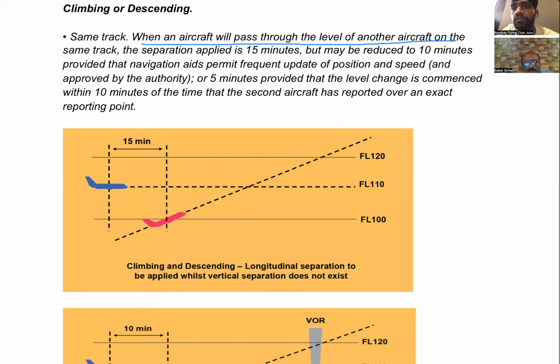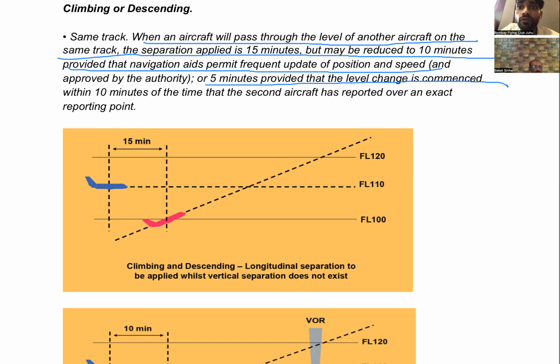When an aircraft will pass through the level of another aircraft on the same track, the separation applied is 15 minutes, but may be reduced to 10 minutes provided that navigation aid permits frequent determination of position and speed, or 5 minutes provided that the level change is commenced within 10 minutes of the time that the second aircraft has reported over an exact reporting point.